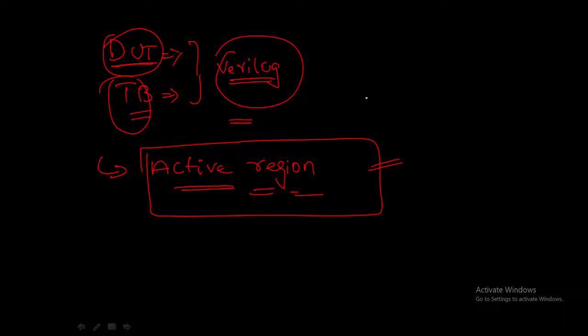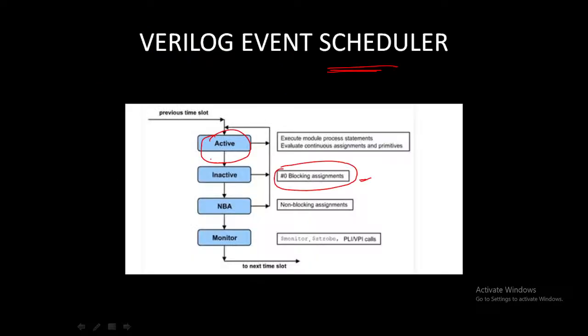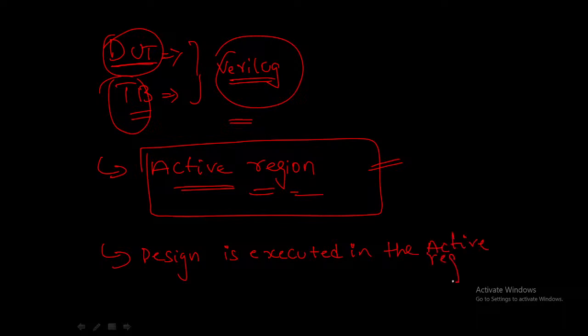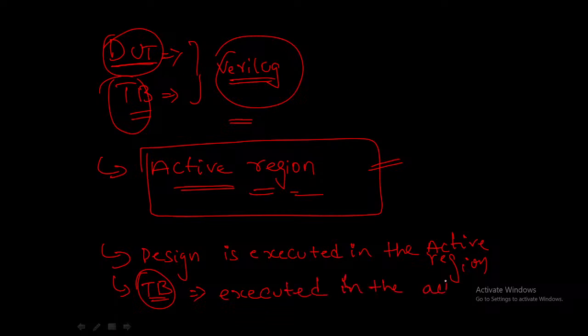So the design which I have written in Verilog will be executed in the active region. And the test bench, the TB structure, the stimulus which I am going to drive, will also be executed in the active region only.